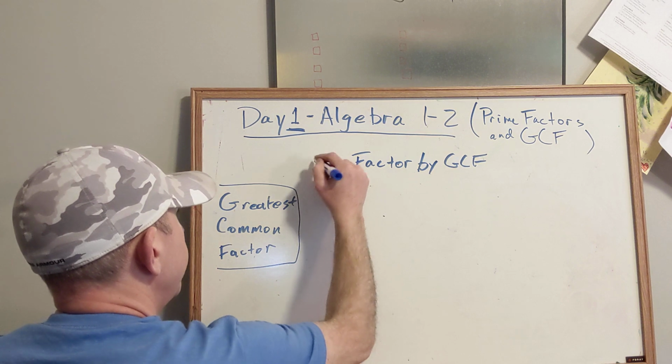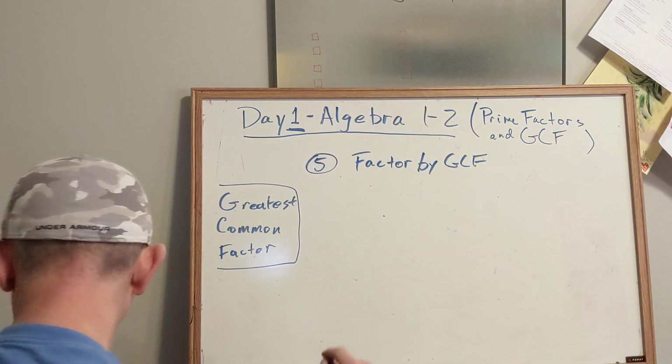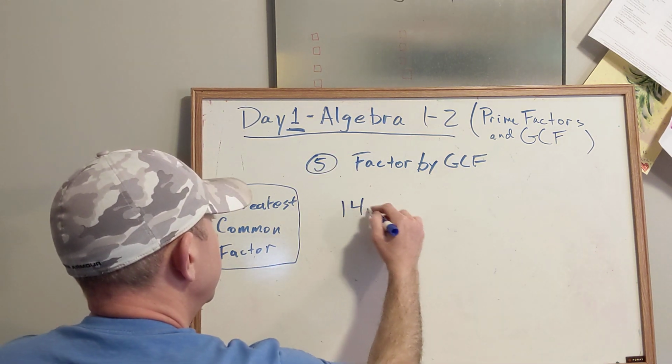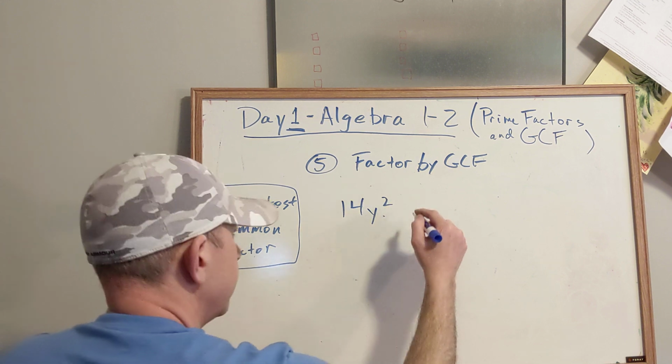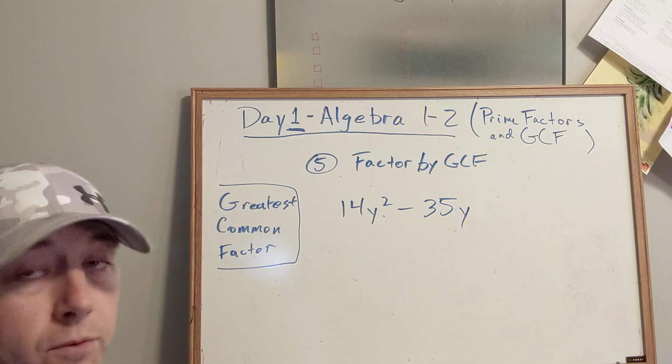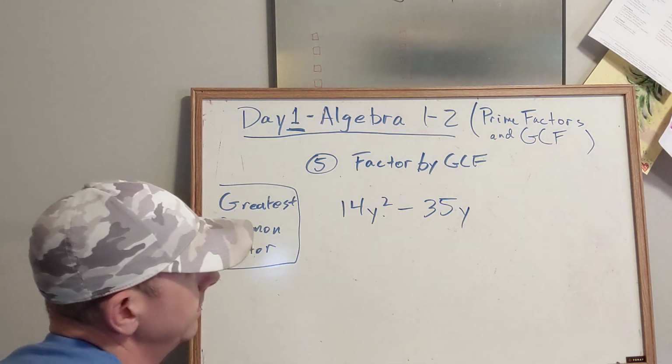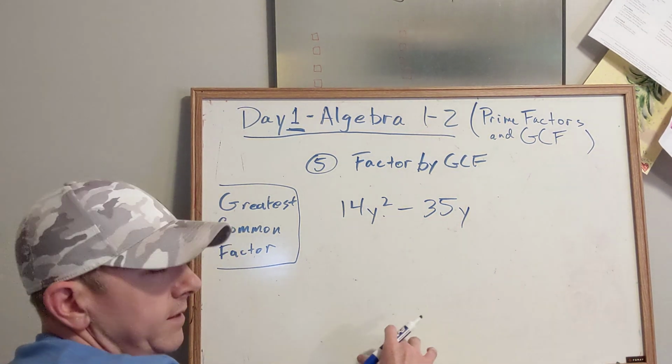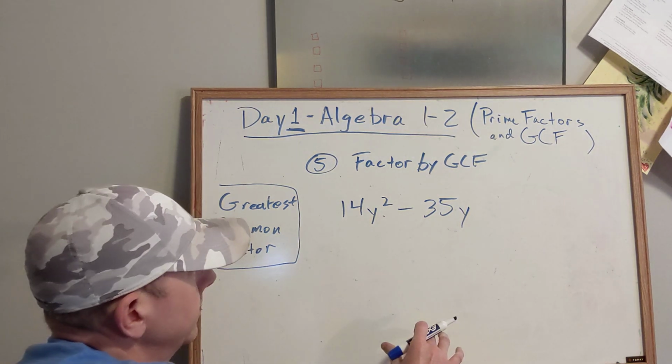Okay, last one, number 5, is going to be 14y squared minus 35y. This time we start with 14, and we see, does 14 go into the 35? It does not, at least not evenly, so we'd get a decimal.